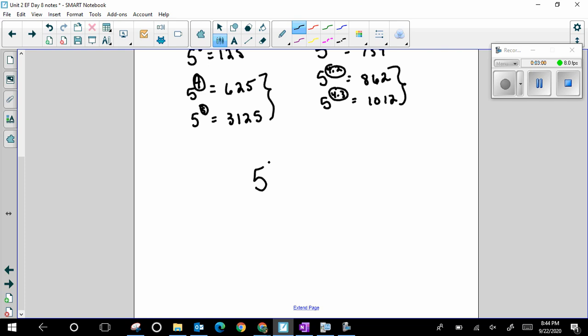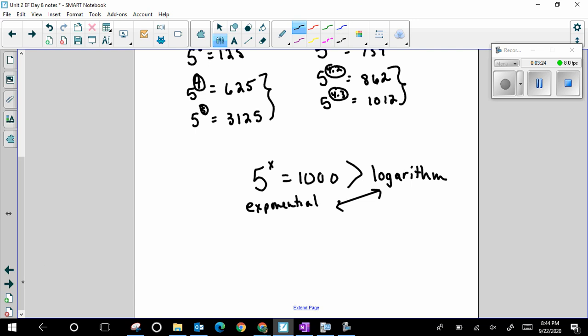So how do we solve 5 to the x equals 1,000? Well, you're going to learn about a function called a logarithm. So this is exponential. And the inverse of that exponential function is a logarithm, just like addition and subtraction are inverses, multiplication and division.